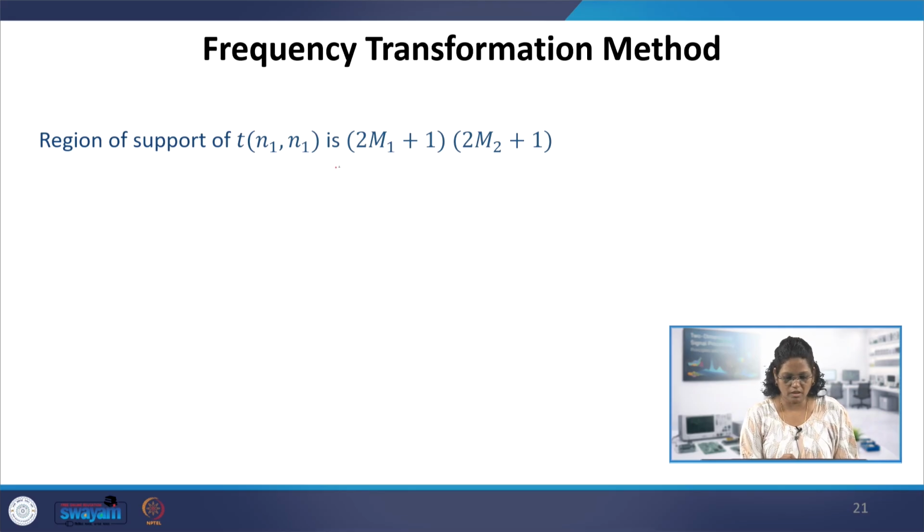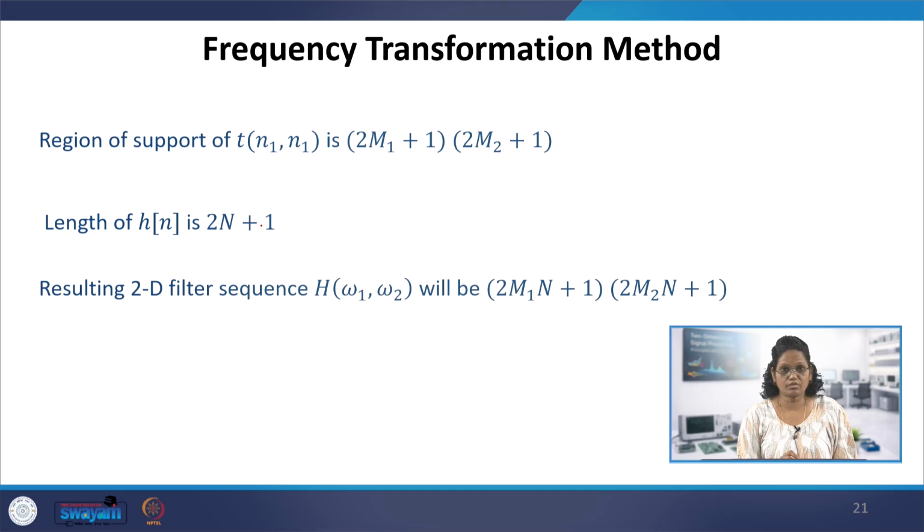T of n1 comma n2 is the region of support of the transformation function, suppose 2m1 plus 1 and 2m2 plus 1. We had already seen that the length of the 1D filter is 2N plus 1. Then the 2D filter region of support will be (2m1N plus 1) by (2m2N plus 1).